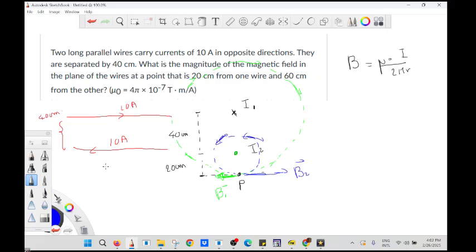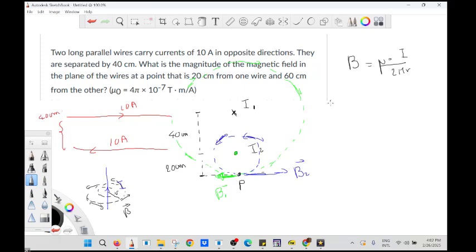Okay, so remember, each time you have a current I, it's going to produce a magnetic field that will circulate at a distance R. And you use your right hand, and as you move away, it's going to be weaker.